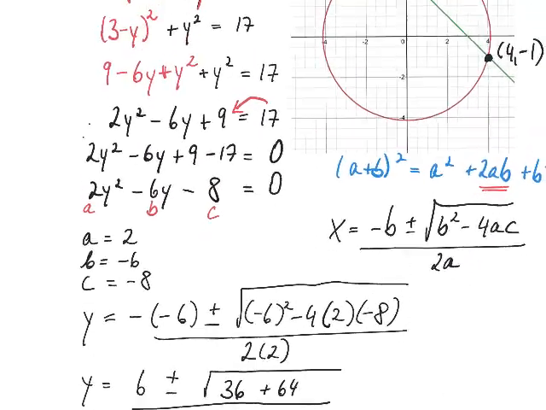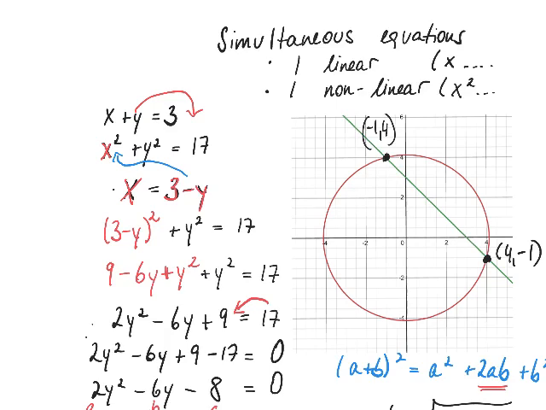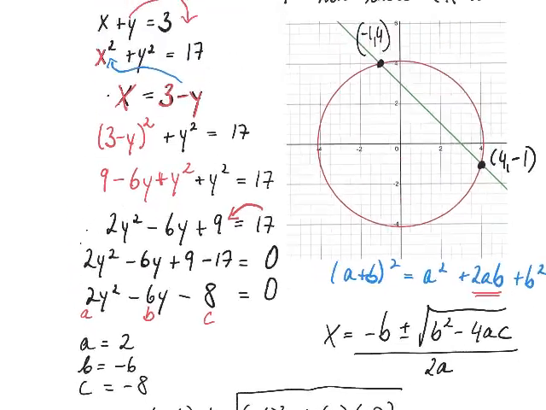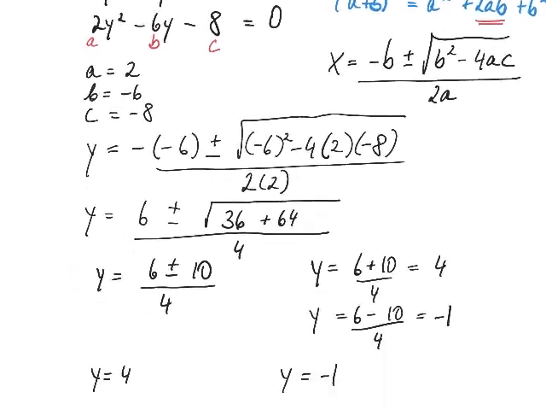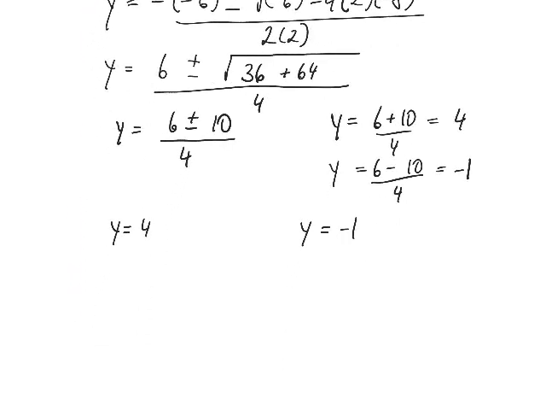I will take these y's and put them into the original linear equation, because this is the easier one. So x plus y equals 3. We have x plus 4 equals 3, and x plus minus 1 also equals 3.